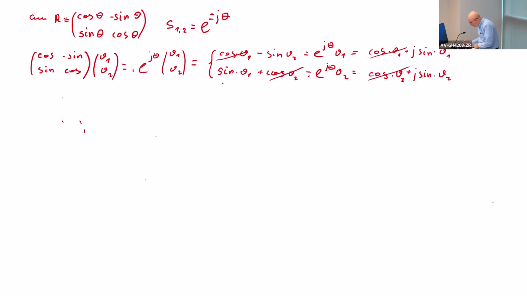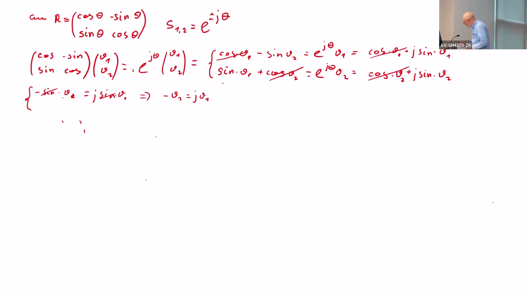So you have a new system of equations: minus sine times v2 equals j sine times v1. Sine cancels with sine, so you get minus v2 equals j v1.